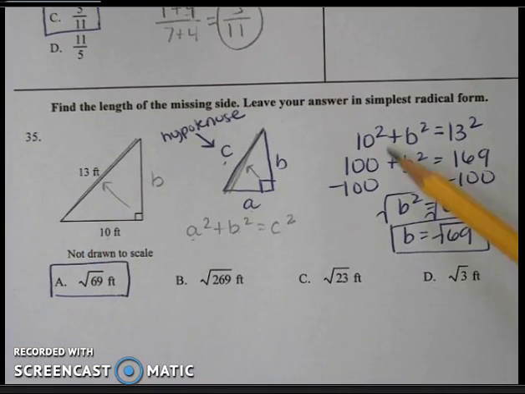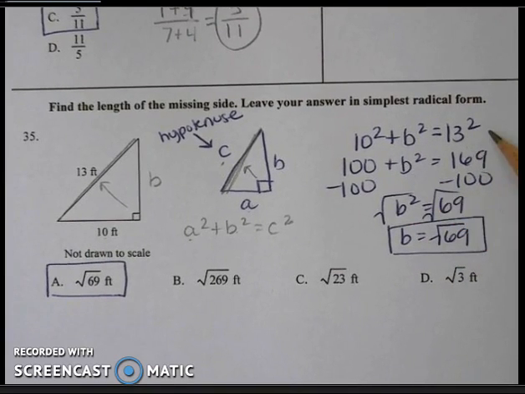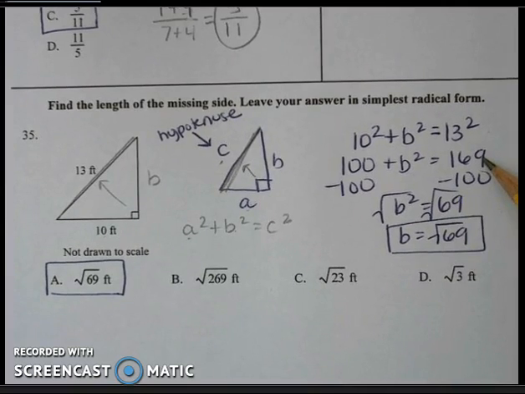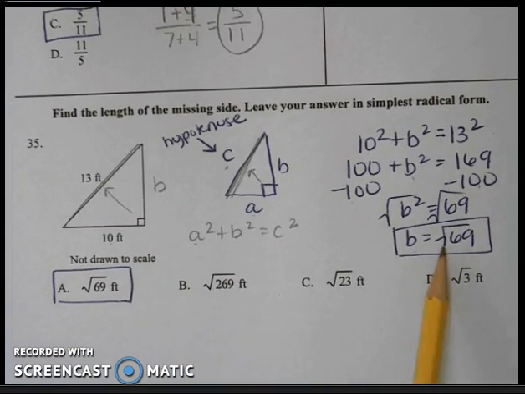So 10 squared is 100. B squared stays the same. 13 squared is 169. So now I'm going to solve for B. Subtract 100 from each side, and I get B squared is equal to 69. Now I'm going to take the square root of both sides, and I'm left with B is the square root of 69.